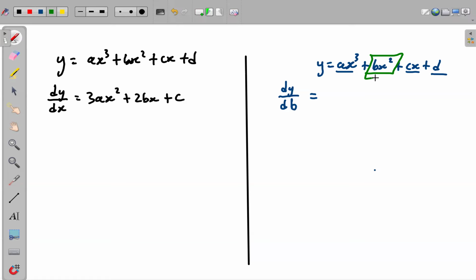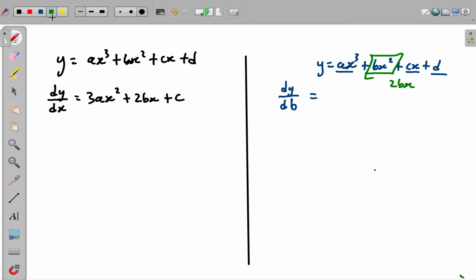Now, be careful again, because the temptation will be to write that as a 2bx. But you're not differentiating with respect to x. You are differentiating with respect to the letter b, which means you need to see x squared as a coefficient.